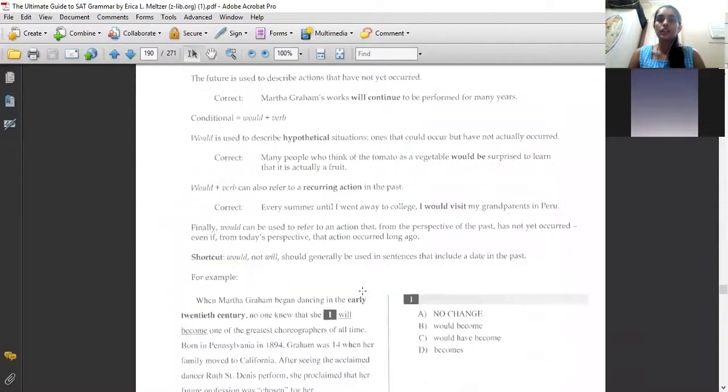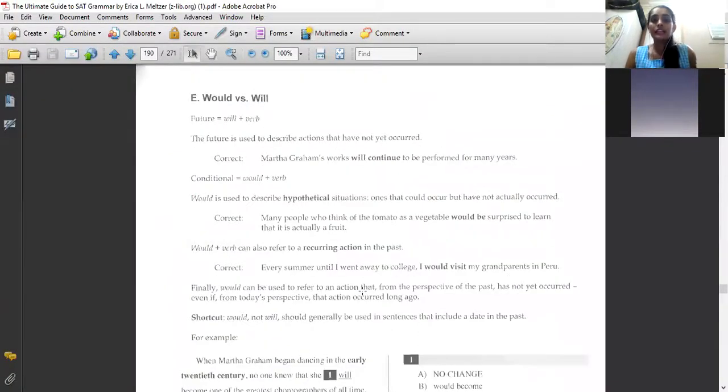Would versus will. Anything which is certain to happen in the future but has not yet occurred, you will use will. But would is used in two conditions. One is a conditional statement, for example, "most people who think tomato is a vegetable would be surprised to learn it's actually a fruit." To be surprised, you first have to think that it's a vegetable.